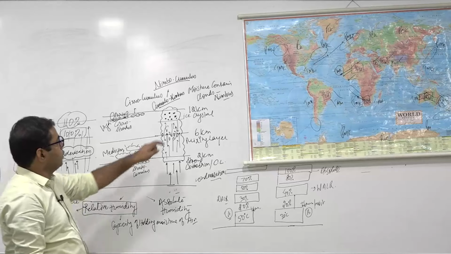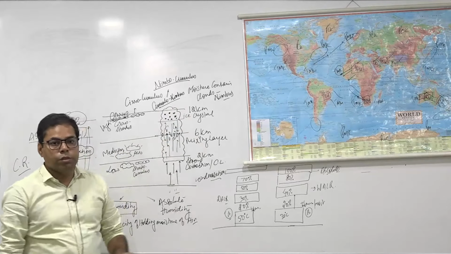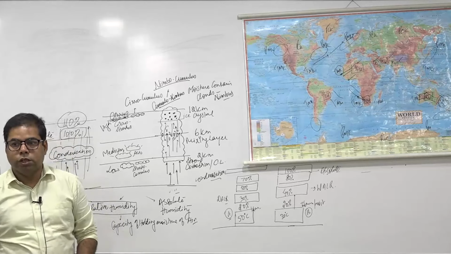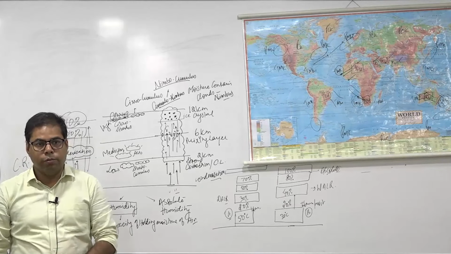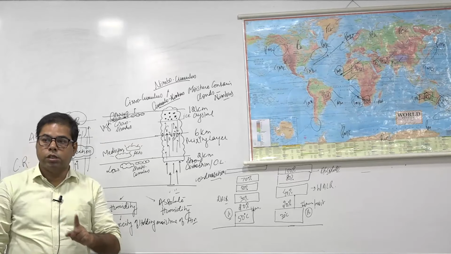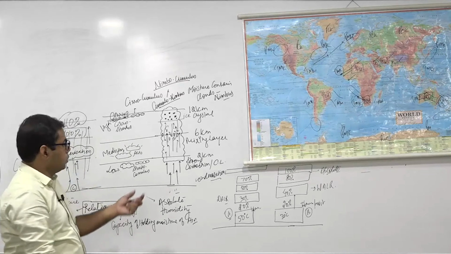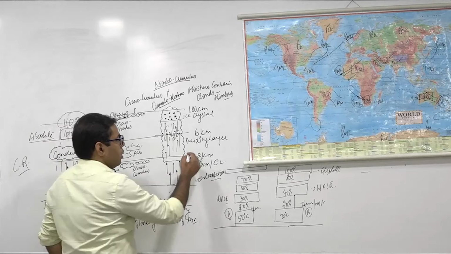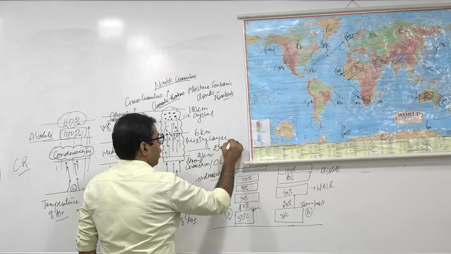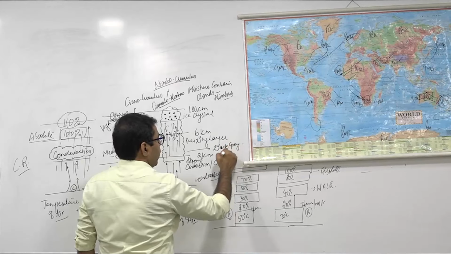Nimbocumulus means wherever the nimbus cloud will be there, nimbus cloud is always rain bearing. Means where the nimbus cloud is there, definitely there will be rain bearing or the rainfall will occur. And nimbus cloud is always there in the dark color. So this cloud will be there in dark gray to black.